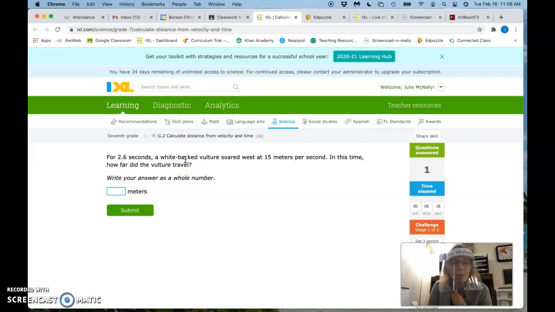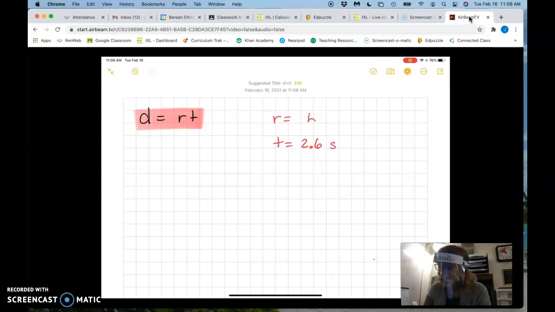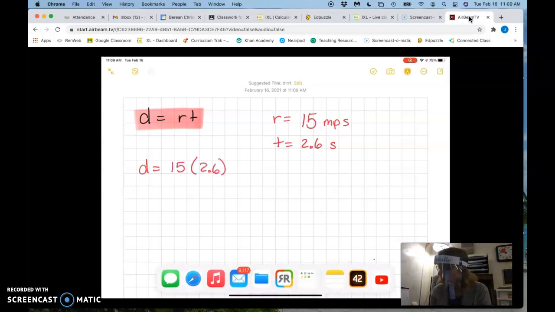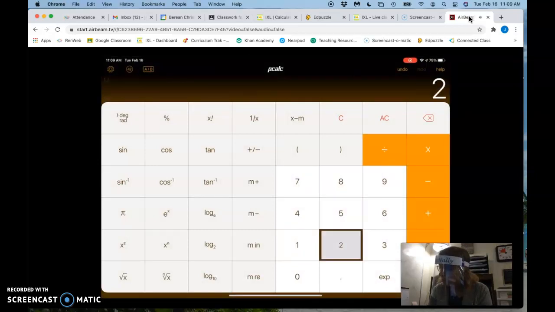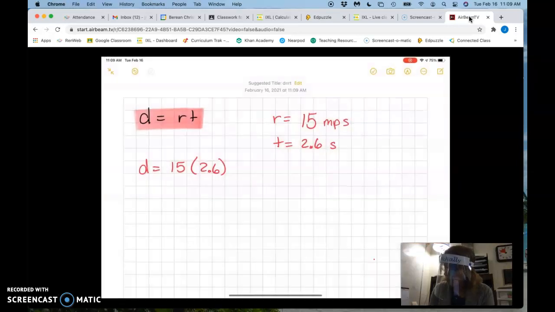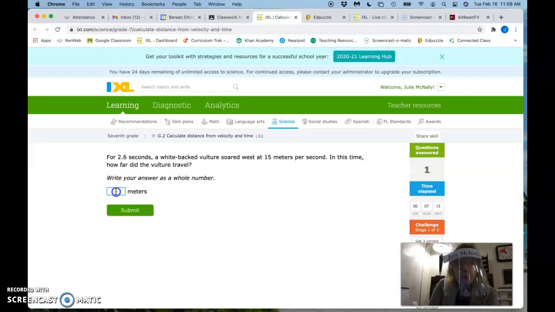Again, meters per second is the rate or the velocity or the speed. So 15 meters per second. And then I'm just going to plug it in to find the d. So d equals 15 times 2.6. 39. So our d equals 39, and I think we're doing meters again. Yep.